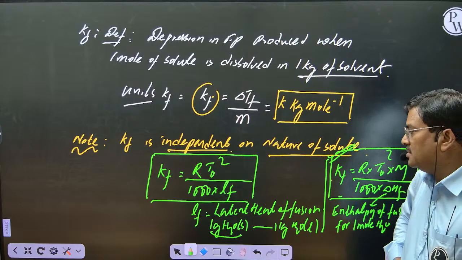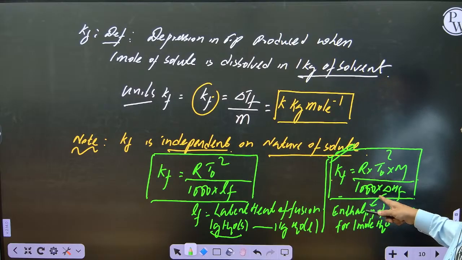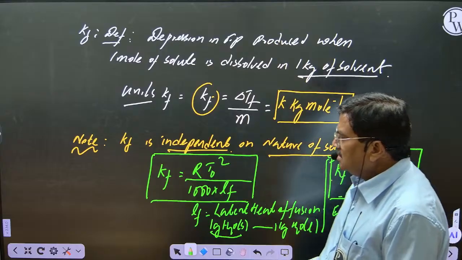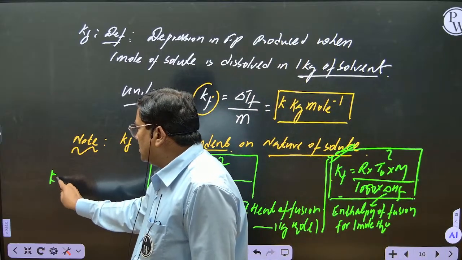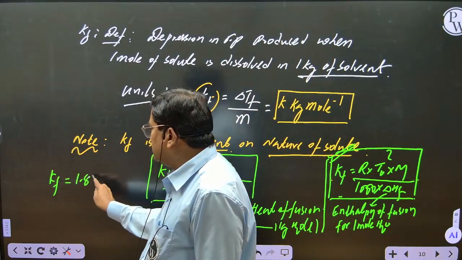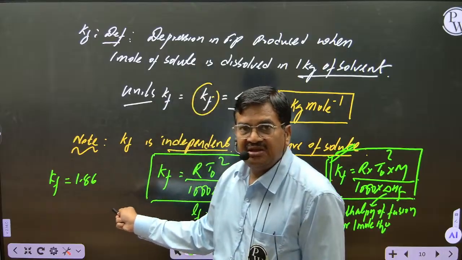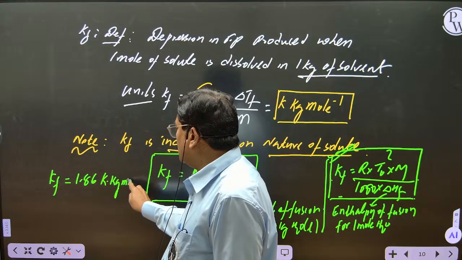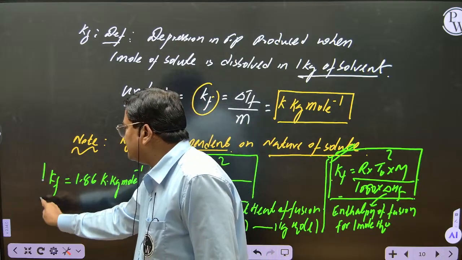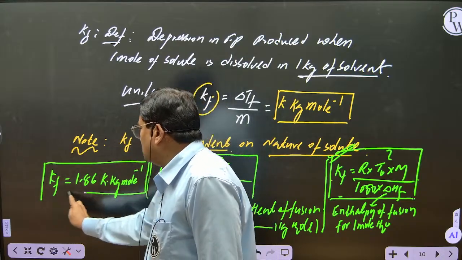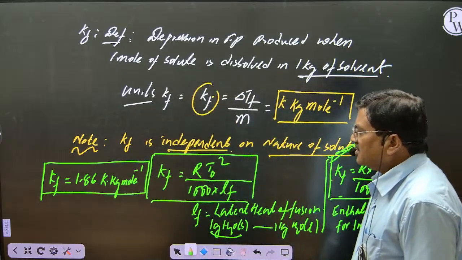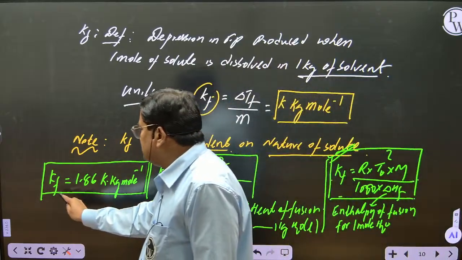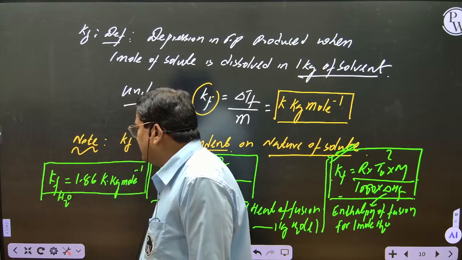Following, all of you? Now the value of Kf for water comes to 1.86. This is a fixed value for water, with unit Kelvin kg per mole. As I told you, it varies from solvent to solvent.